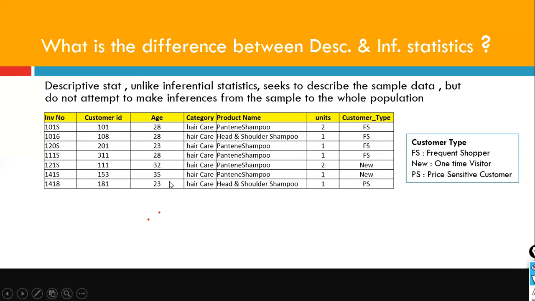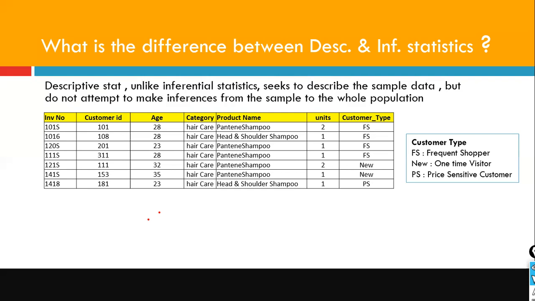Let's say 1,000 people are there, and this is just 7 people. I randomly ran a survey and we noted down. When I run another sample survey, the data could be different. Maybe in that data the average age of frequent shoppers may not be the same as this sample's average age. Sample to sample, it will vary.